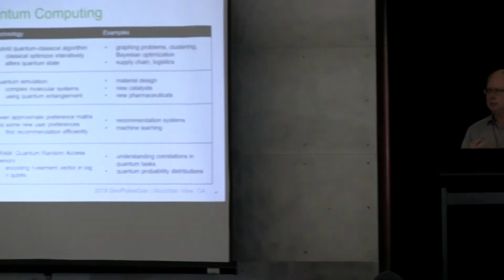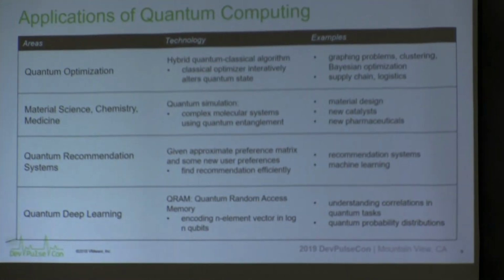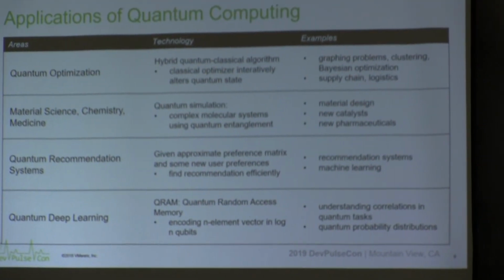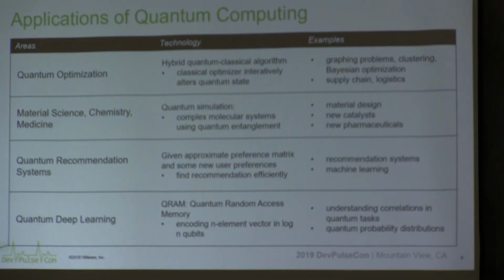There is a great deal of optimism that if and when quantum computing can be realized and scaled to a large number of qubits, there's a tremendous opportunity to model molecular systems using quantum entanglement.